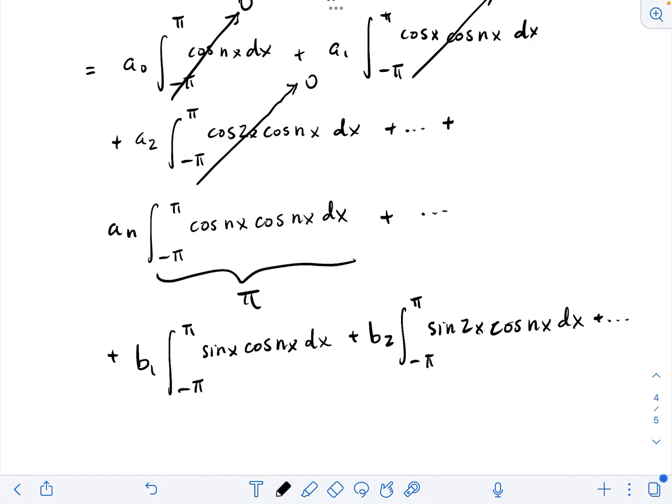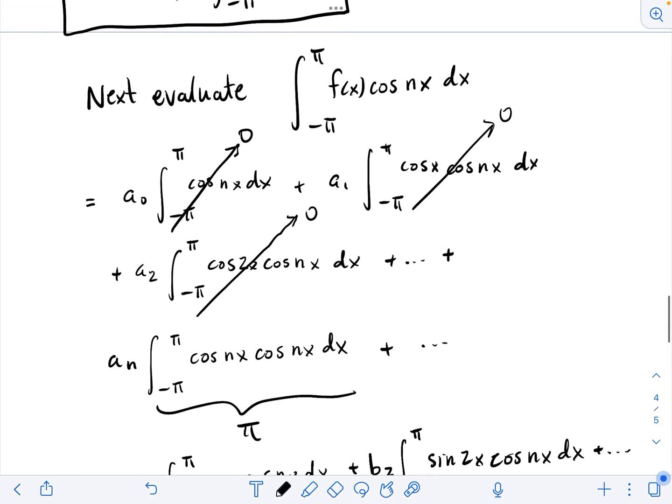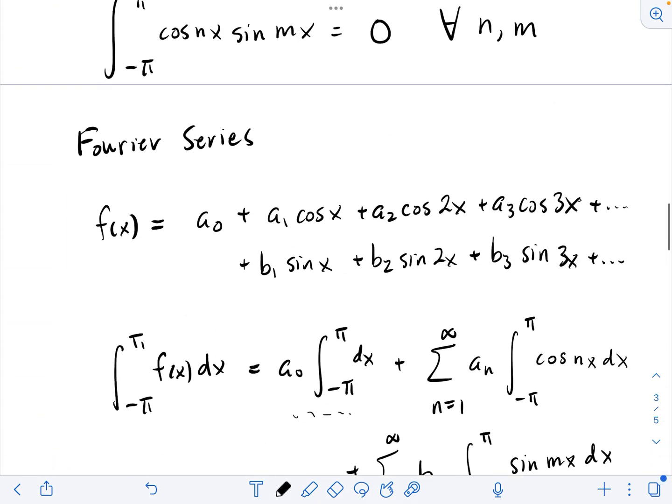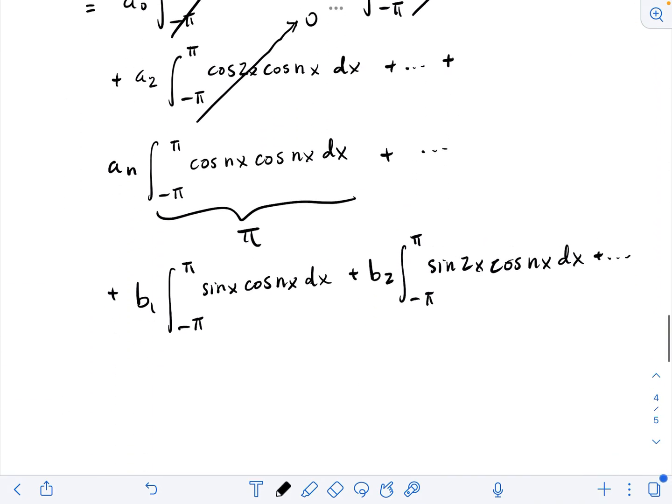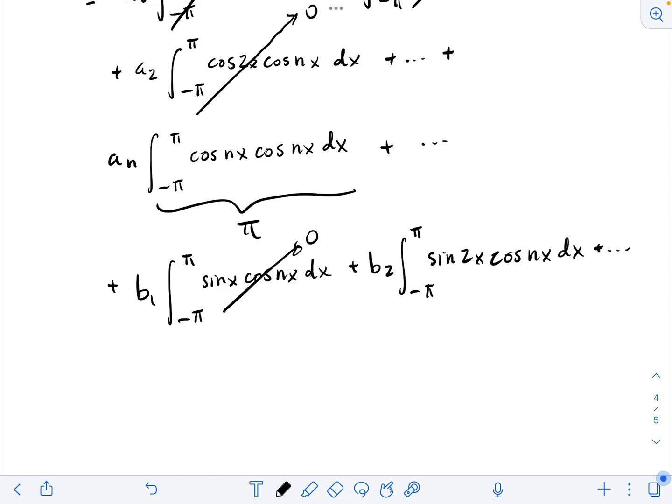And so now we have the sines and the cosines mixed, and by this identity, it doesn't matter what the n and m values are. When you mix the cosine and the sines, it always integrates to 0. And so this is going to be 0, and this is going to be 0, and all of the other b terms are going to be 0.